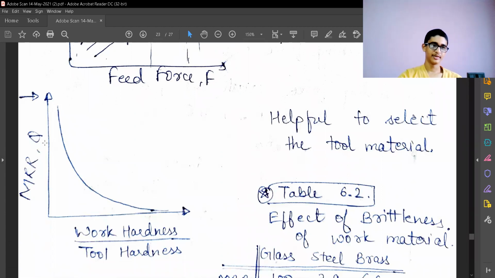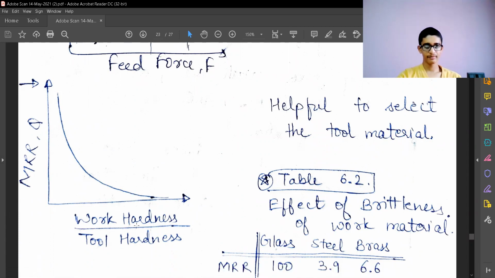Then the dependence of MRR with respect to workpiece hardness divided by tool hardness. This is some kind of ratio, and this curve is going to be helpful to select the tool material. We already have the workpiece material on which I want to do the machining, but then using this curve and the required MRR, which will come from the time I have and different kinds of machining constraints, I'll choose the tool hardness which is required.